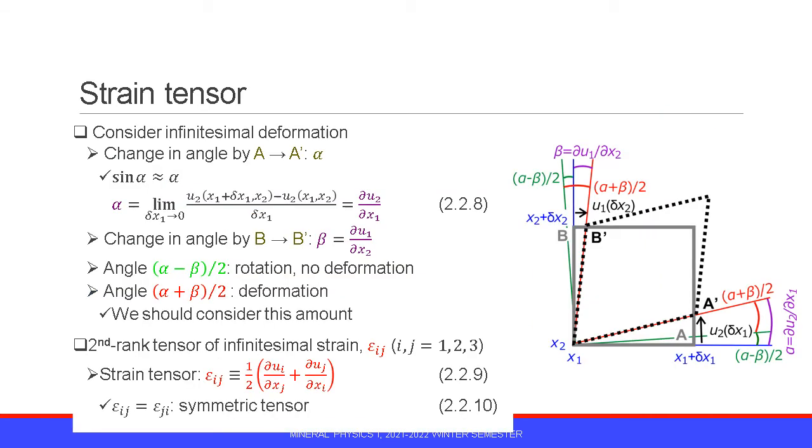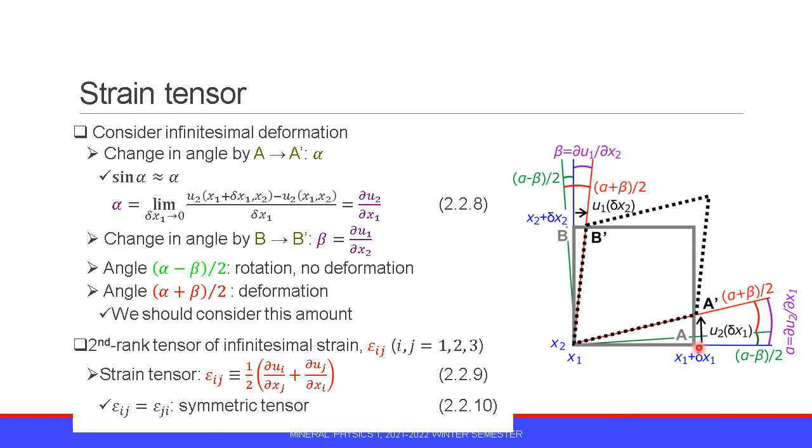In this slide, we define the strain tensor. We consider an infinitesimal deformation using this illustration. Let us consider the deformation of this square drawn using gray solid lines. This square deforms into this parallelogram drawn with the dashed black lines. The horizontal axis is x1 and the vertical axis is x2.